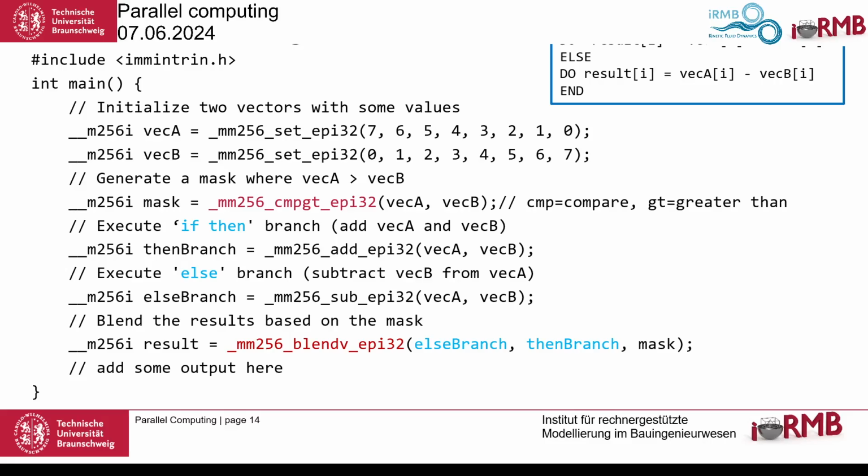If the mask is 0, it takes its first argument. If it's 1, it takes the second argument. And then it merges this together, and then you have simulated an if-then-else.